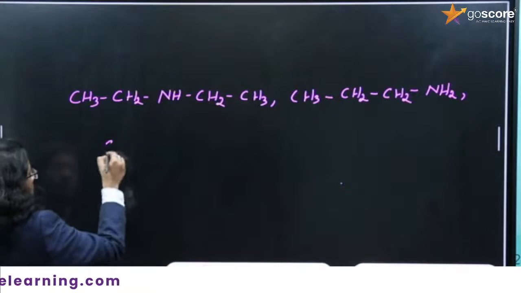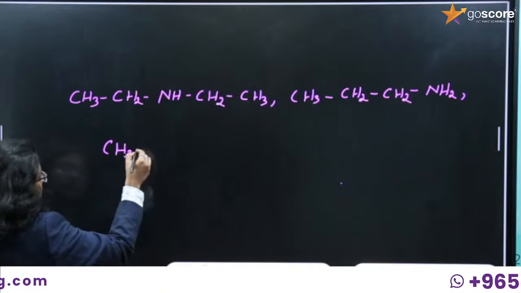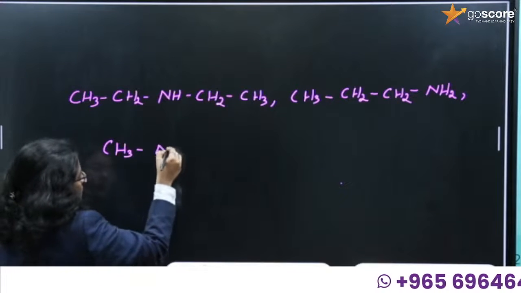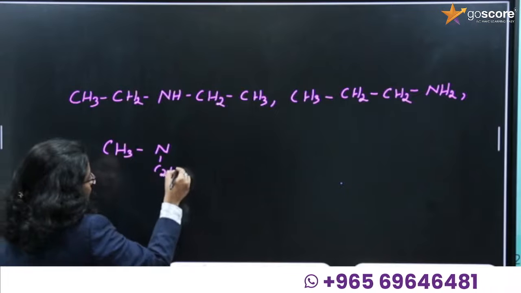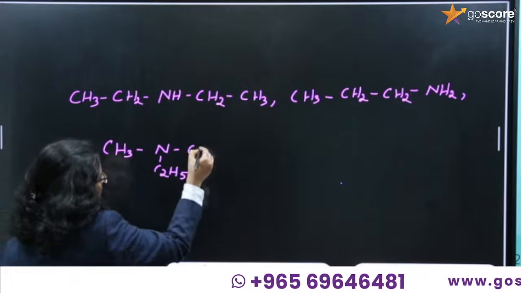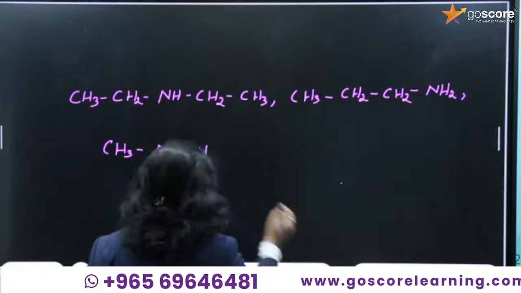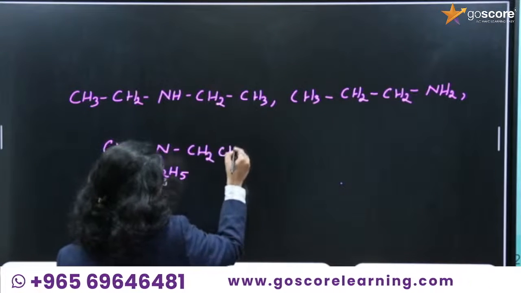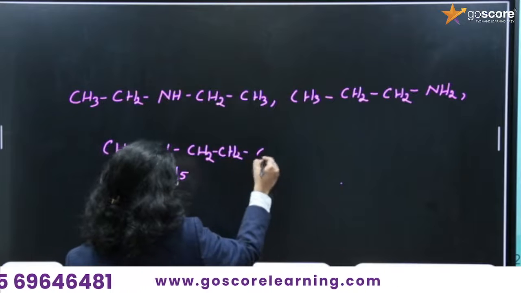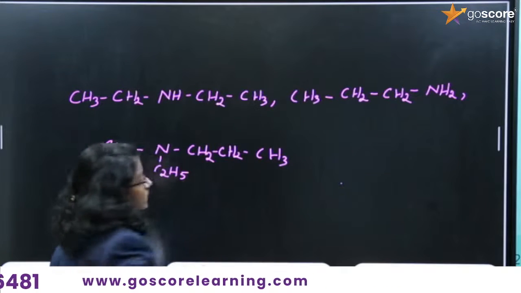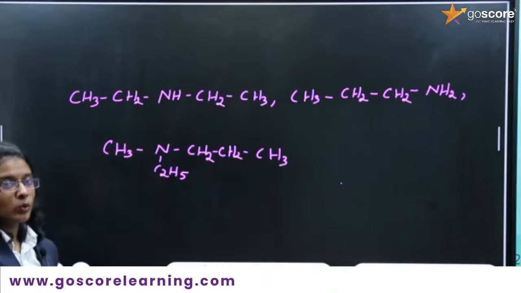The next one is CH3N(C2H5)CH2CH2CH3. Write the increasing order of their boiling point.